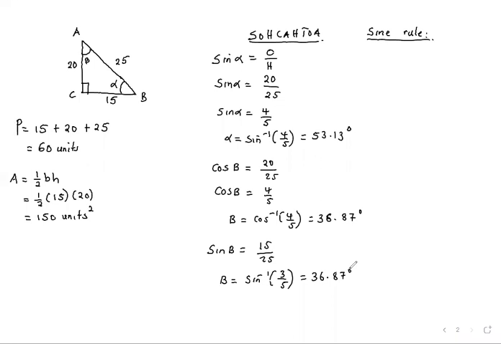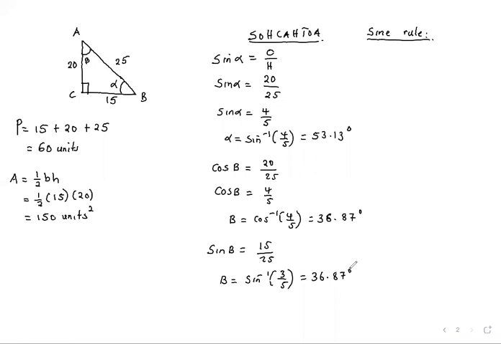Or you use the sine rule. I'm giving you a variety here because in the exam, the temperatures differ. In case the temperature is too high and you forget SOHCAHTOA, at least you can remember the sine rule and you still get the correct answer.